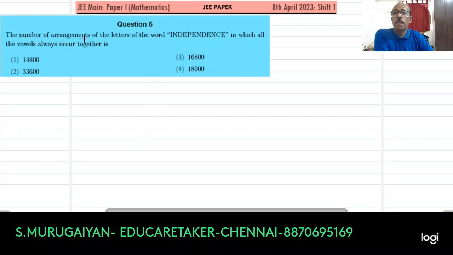Question 6. The number of arrangements of the letters of the word independence in which all the vowels always occur together. The four options are given. The given word is independence.